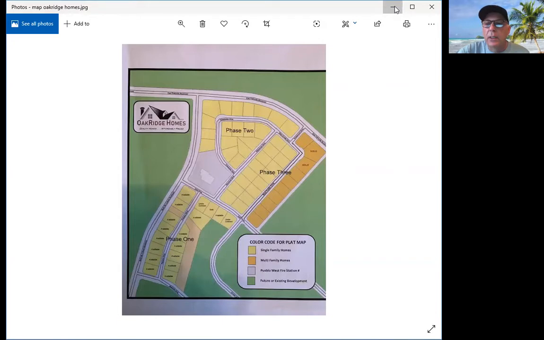That document will then be sent back to the developers so they could give them the initial nod to go ahead and proceed with this subdivision or not, or make some recommendations or changes to it.